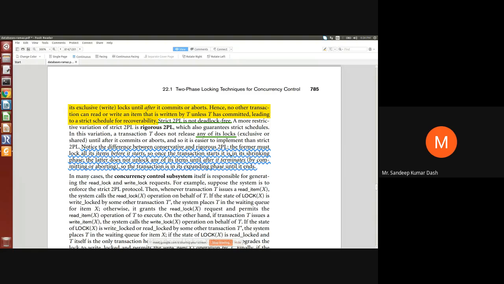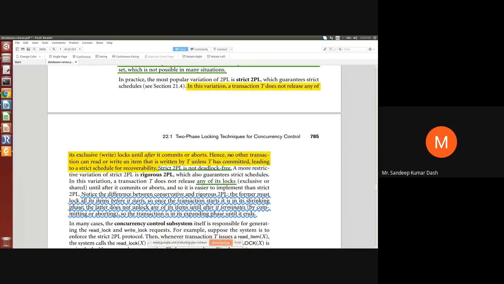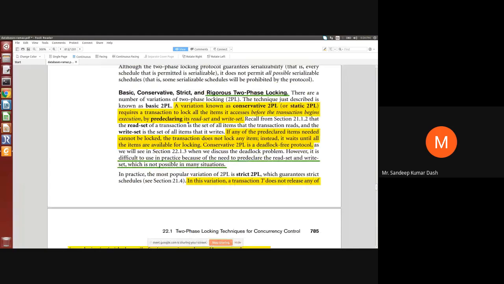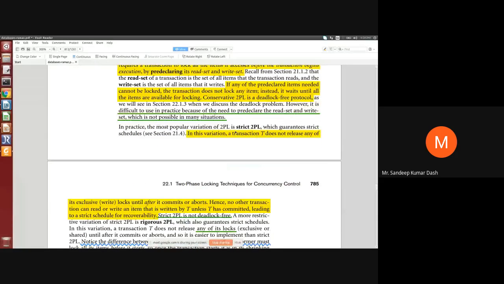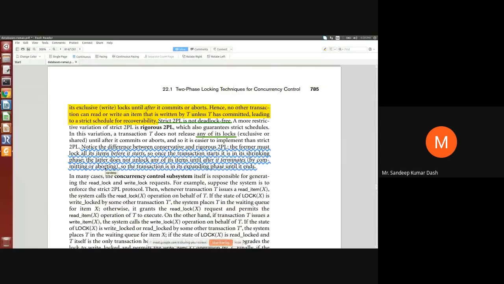The conservative two-phase locking was this one, no? Conservative two-phase locking is always in shrinking phase. Once the transaction starts, for conservative two-phase locking, it is in shrinking phase. But in case of rigorous two-phase locking, it is always in expanding phase. Can you guess the difference?